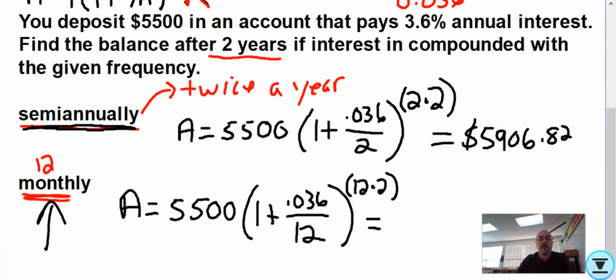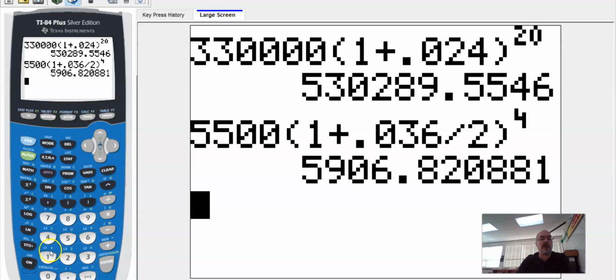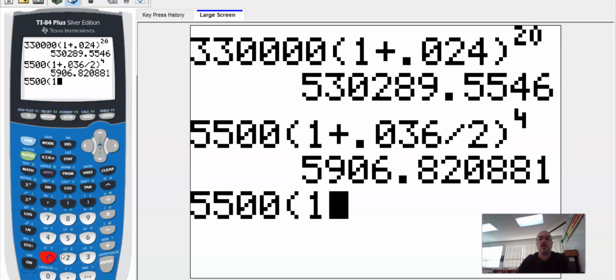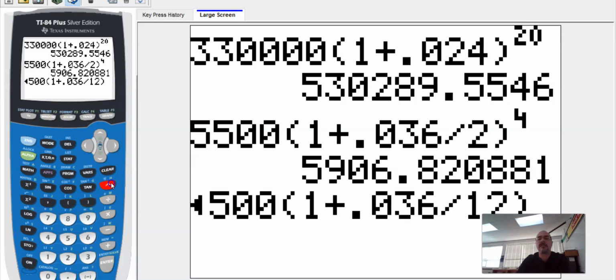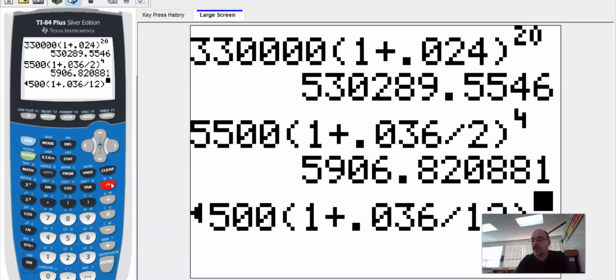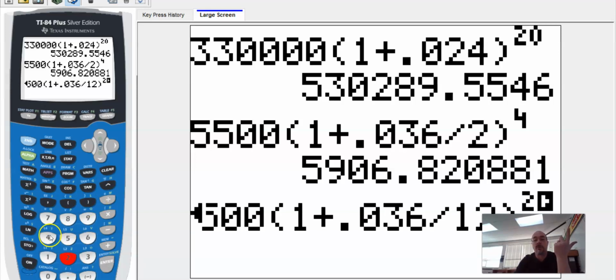All right, so let me go ahead and do this on the calculator. We've got the 5,500 times the 1 plus the 0.036 divided by, this time 12, close it. Now again, instead of going 12 times 2, ladies and gentlemen, I'm just going to put 24 there. There's 24 months in 2 years.